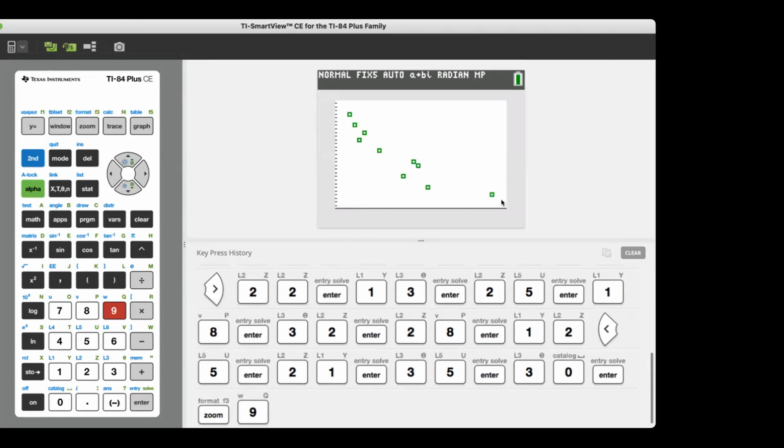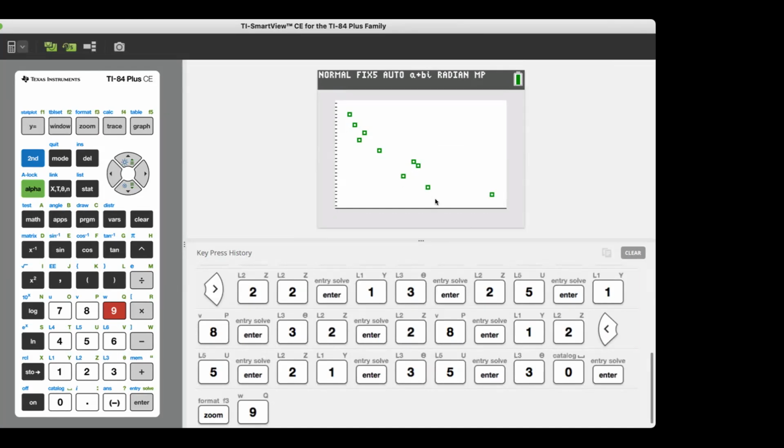Here is my scatter plot. You see that in my scatter plot the dots are going downward from left to right. So my R is going to be negative, because the line that I'm going to draw goes downward from left to right and has a negative slope.